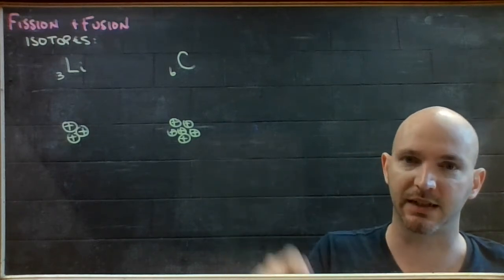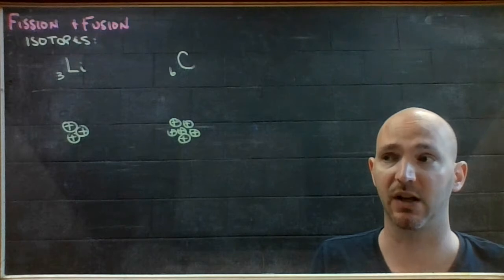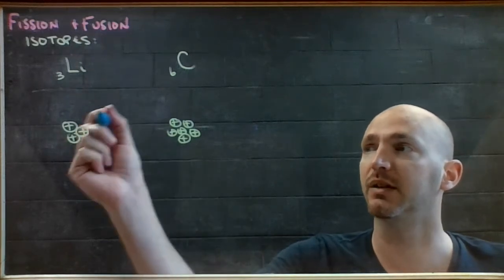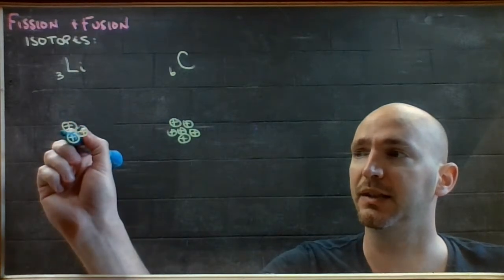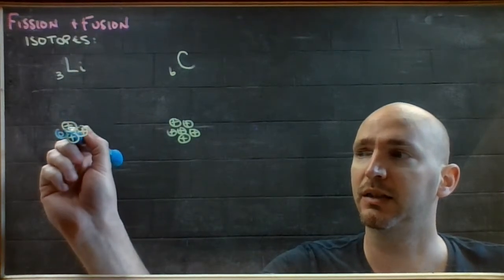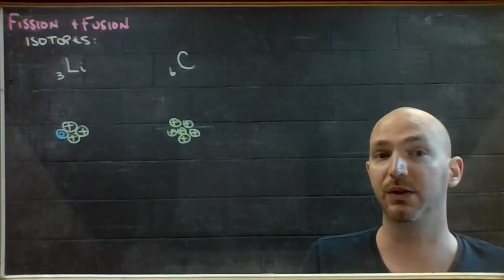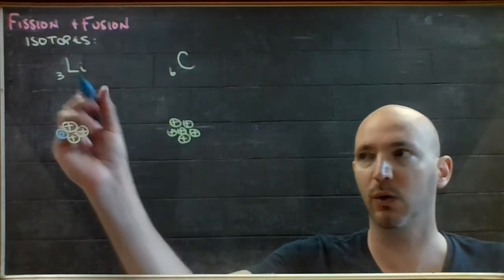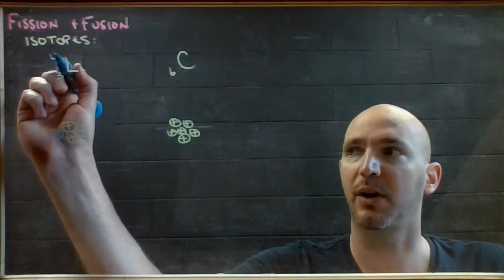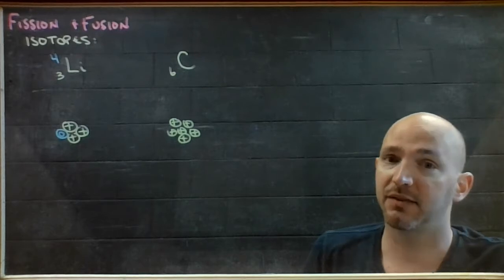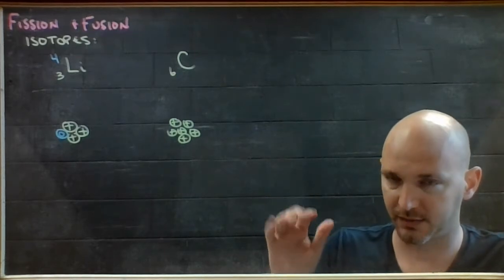But deep inside that nucleus, there's more stuff. There's not just protons. There are also neutrons. And so in the most common lithium, inside that nucleus, there are 3 protons and 1 neutron, which means that there are a total of 4 particles in there. Now, the mass of a neutron and a proton are approximately the same.